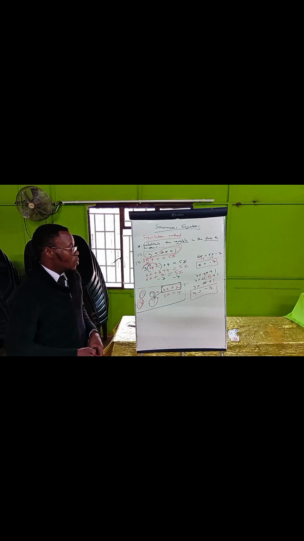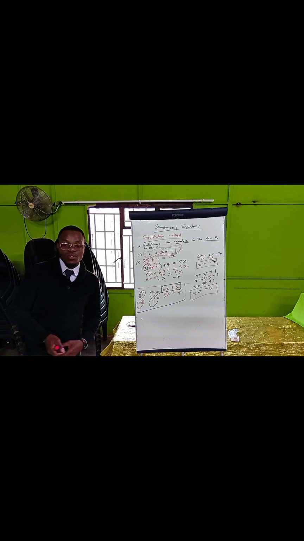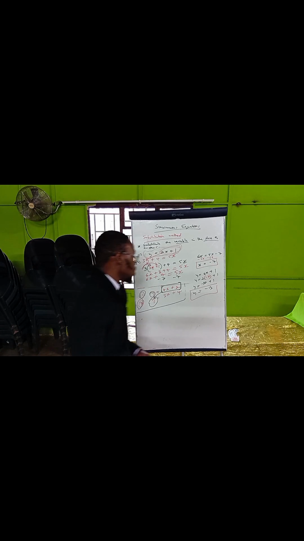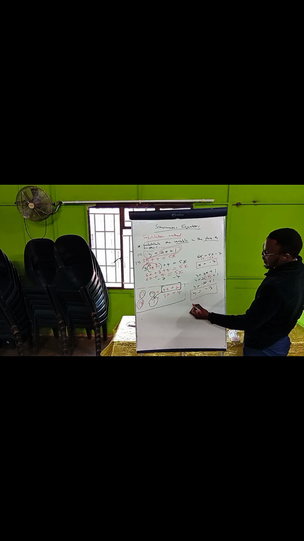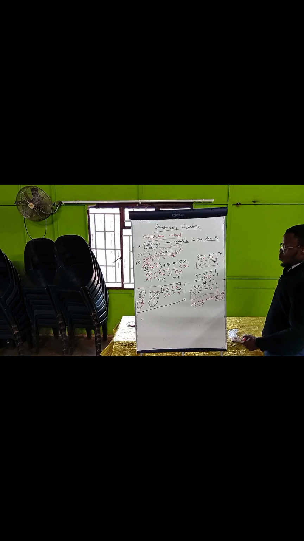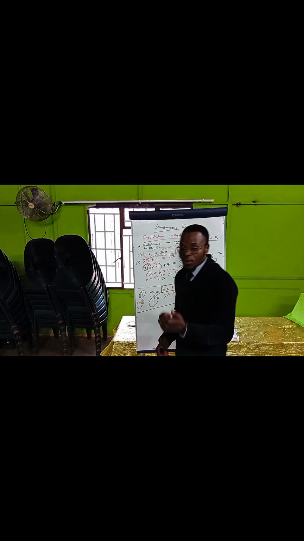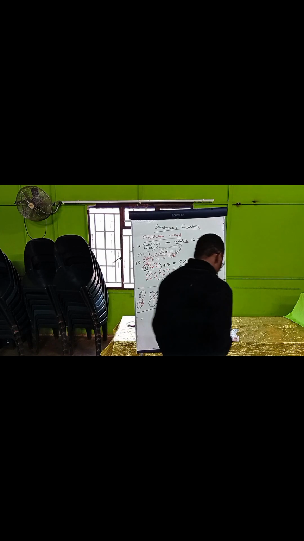And I want you to remember that when you are solving simultaneous equations, you will always have two answers. In this case, x is equal to negative 7 and y is equal to negative 13. You will always have one value of x and one value of y.